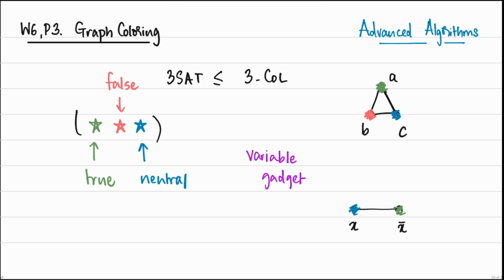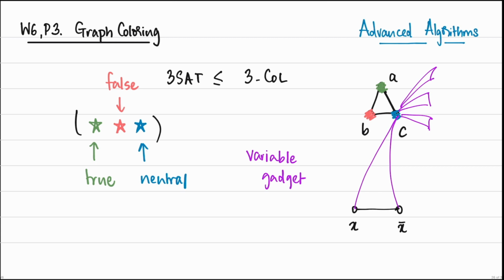So to avoid x and x bar getting colored blue, the simplest thing to do would be to just add edges from x and x bar to the vertex C. This way, we ensure that x and x bar don't pick up the color that is assigned to C by any 3 coloring, but we have already agreed that we are going to refer to the color that the vertex C is colored with as the neutral color. So the neutral color is automatically avoided on both x and x bar. So what we are going to have is a bunch of these variable gadgets coming out of the vertex C, and all of them are going to be colored with green and red.